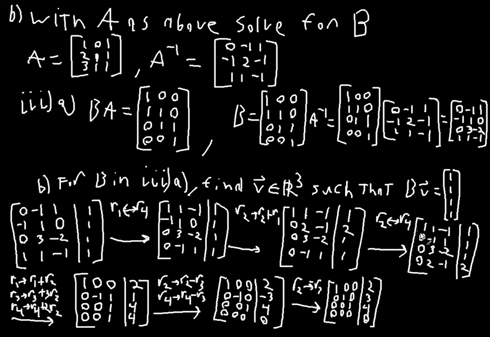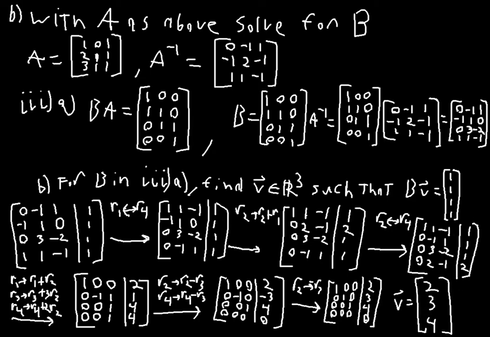You can see this involves a lot of work, many row operations and such. But in the end, we do get an answer, and the vector V is equal to 2, 3, 4. So it'll work, but this takes a long time.